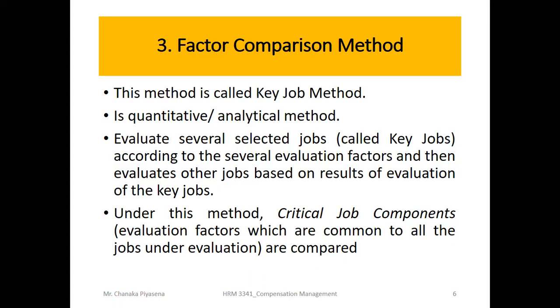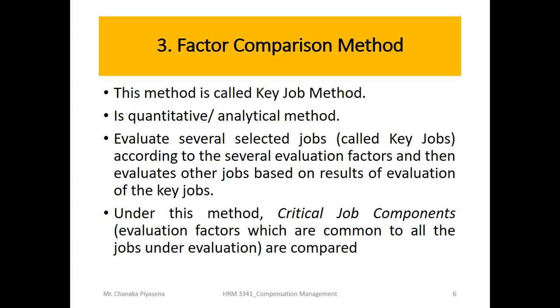How do you identify whether a job is relatively highly important, relatively low important, or of moderate importance? Based on several criteria. These factors should be selected. Then evaluate other jobs based on the results of the evaluation of key jobs.